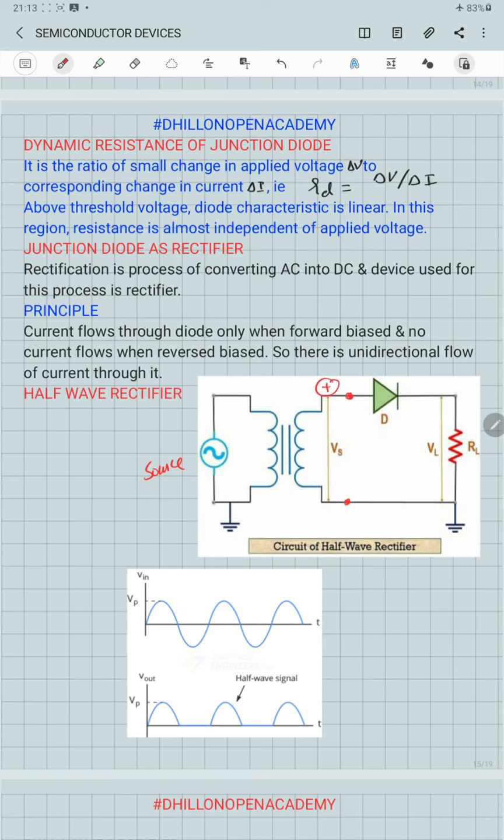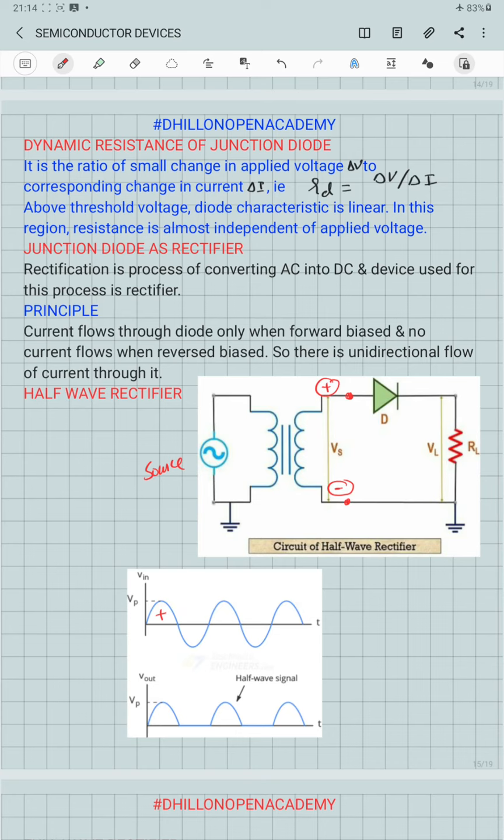It behaves as a positive terminal. The lower terminal of the secondary becomes at lower potential, so it behaves as a negative terminal.